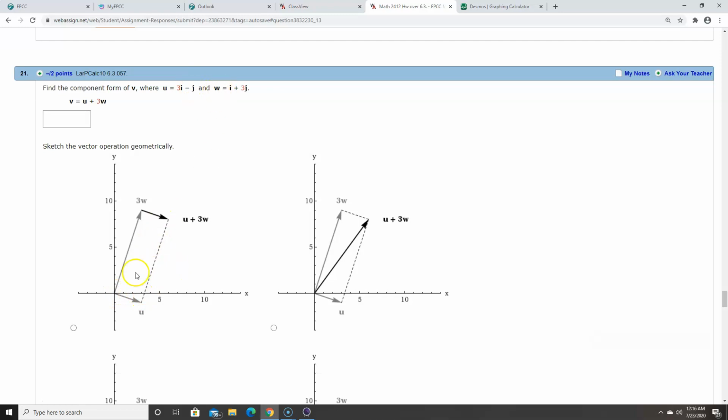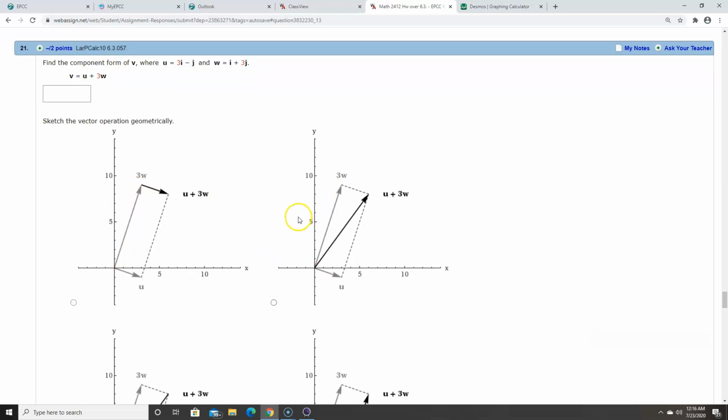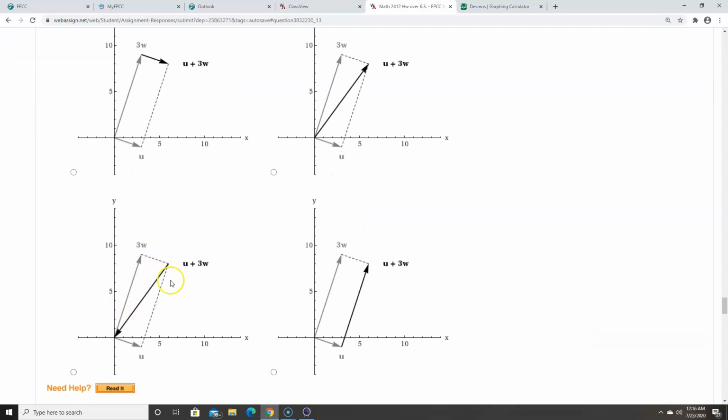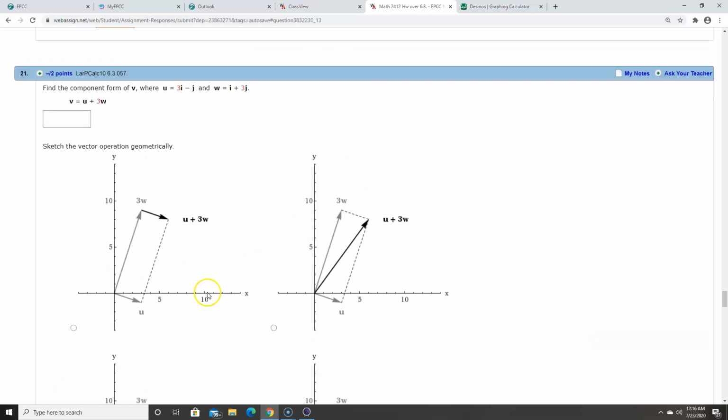Vector w is 1i plus 3j. That would be right here, but then they multiplied by 3. So there's the 3w, the 3w, the 3w, the 3w. Now add vector u plus 3w.